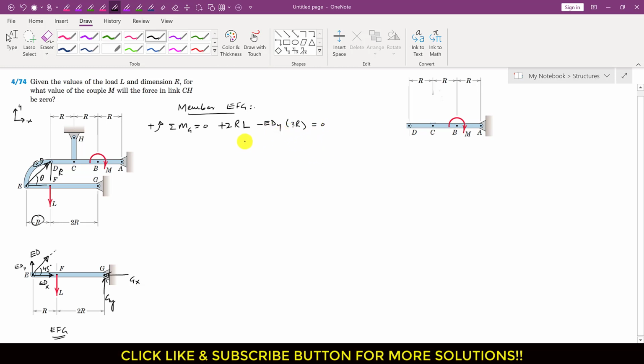So I can write that EDY is equal to minus 2RL divided by minus 3R, right? So minus will cancel out and R will cancel out.